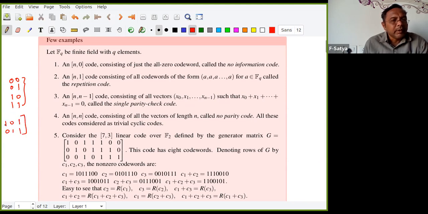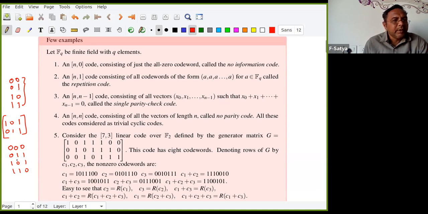Remember, the last column will take care of it. So if I multiply (0, 0) to this, I'll get 0, 0, 0. (0, 1) multiplied to this gives 0, 1, 1. Then 1, 0, 1 and 1, 1, 0. Actually, I'm adding the first two digits, so 0 plus 1 is 1. So it is called the parity check code.